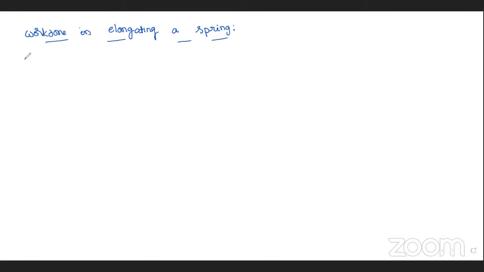For this theory, first I'm writing like this. What are you doing, sir? Simple. I'm just taking a spring here. This is a spring, and that spring is connected to a wall, a side wall, and the other end of the spring is connected to a block like this.